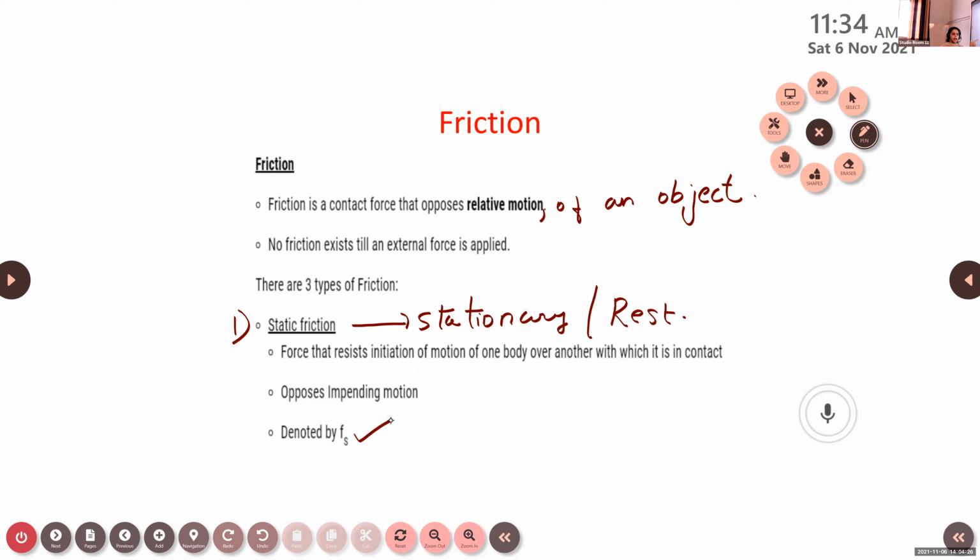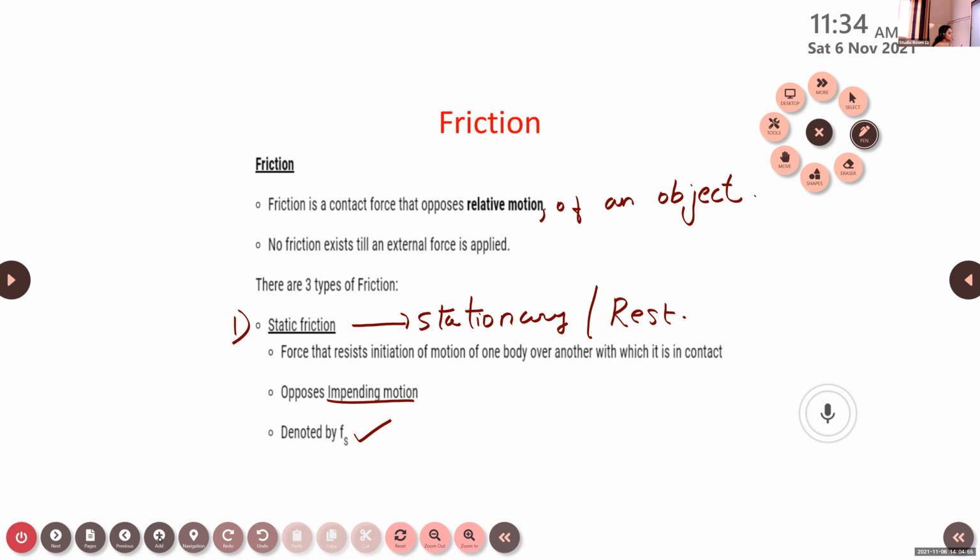Another characteristic of static friction is that it opposes the impending motion. Impending motion is the motion of an object which takes place if and only if an external force is applied on it, if the frictional force is absent there.